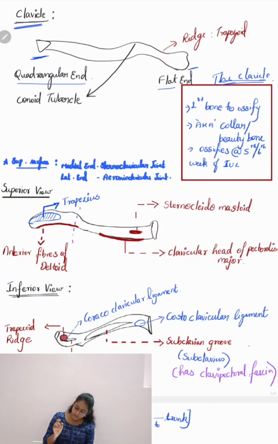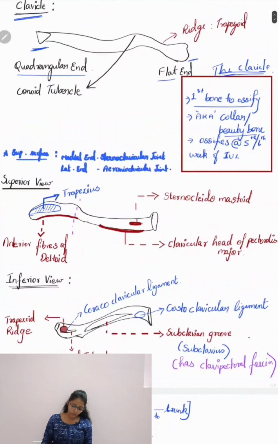It is the first bone to ossify and it is also known as the collar bone or beauty bone. It ossifies at the 5th or 6th week of intrauterine life, and there are two surfaces in the clavicle, the superior and the inferior surface.